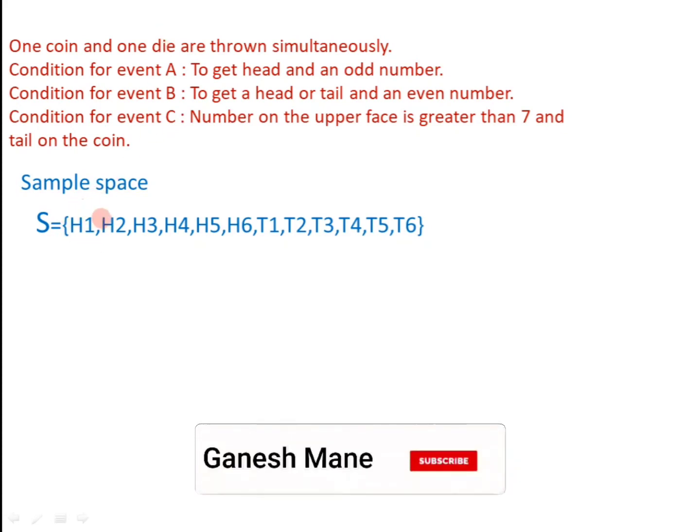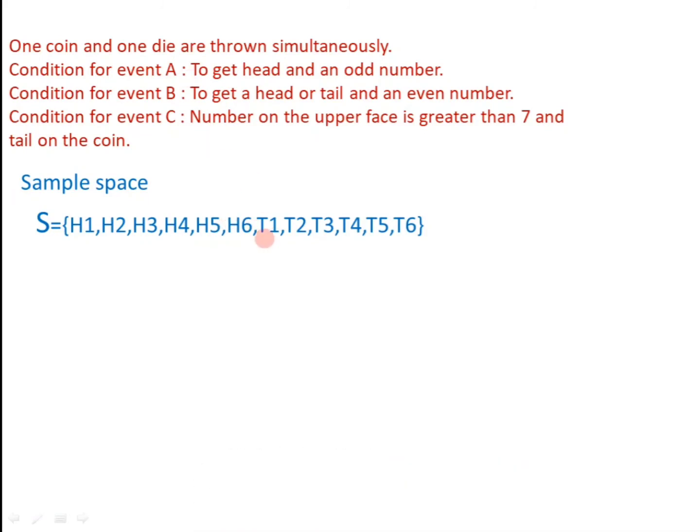If we consider tail on the coin and the numbers on the die from 1 to 6, then the possible outcomes are T1, T2 up to T6. So these are the 12 sample points for this sample space. Therefore, n of S is equal to 12.